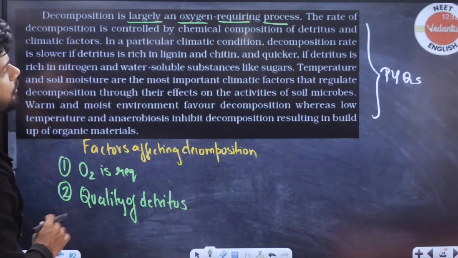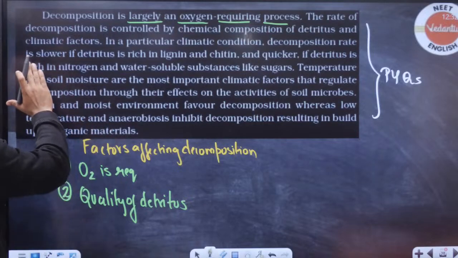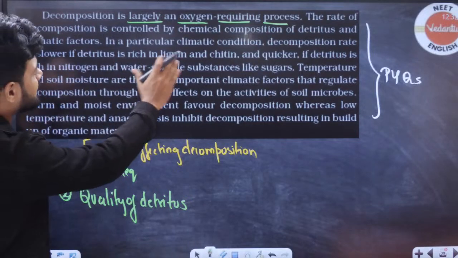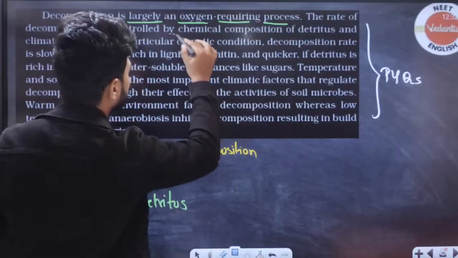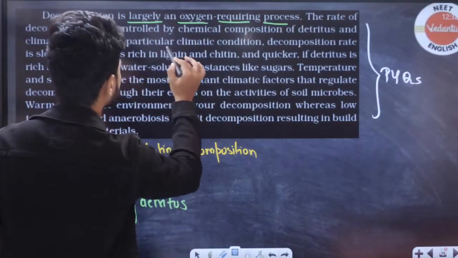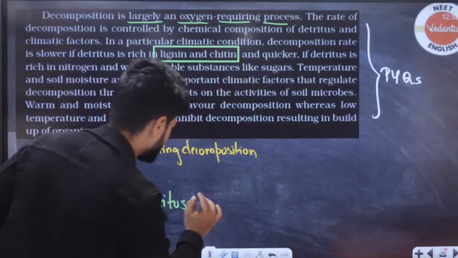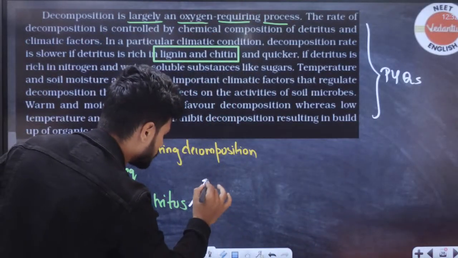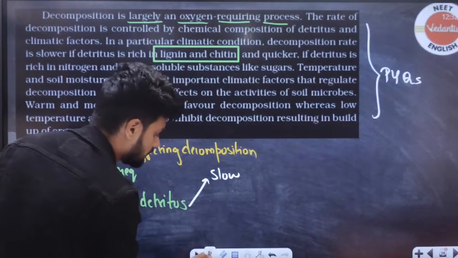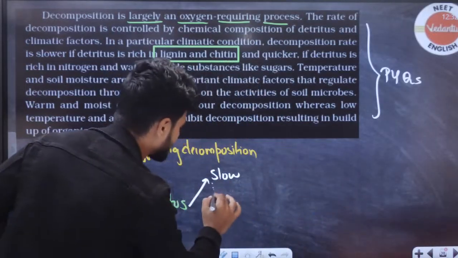Now, the decomposition rate is slower if detritus is rich in lignin and chitin. Very important, I mark it. Decomposition is slow when it has lignin and chitin.